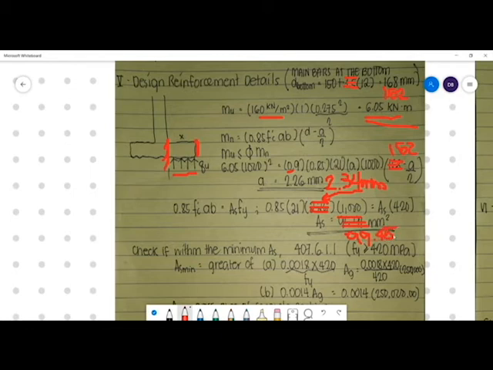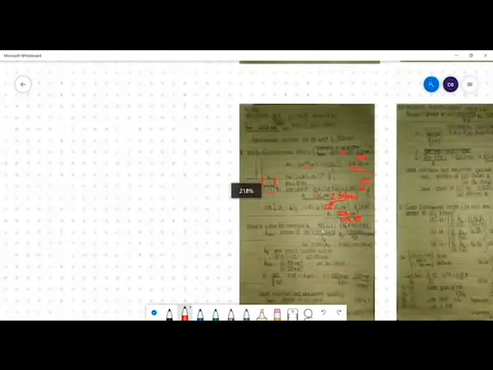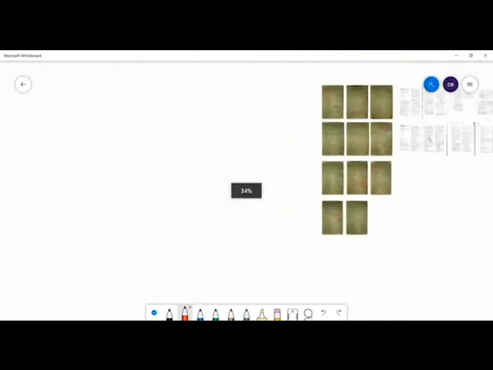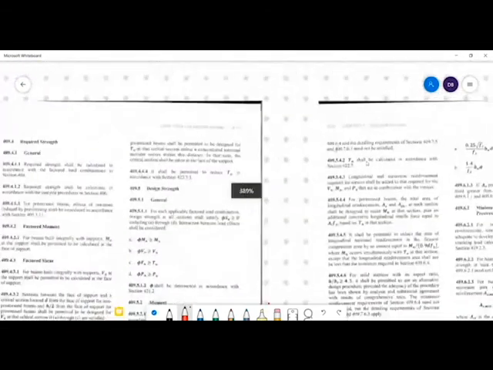Okay, so we check if it is within the required minimum area. So according to section 407.6.1.1 of the NSCP, considering one-way slab, we are analyzing it as a one-way slab.